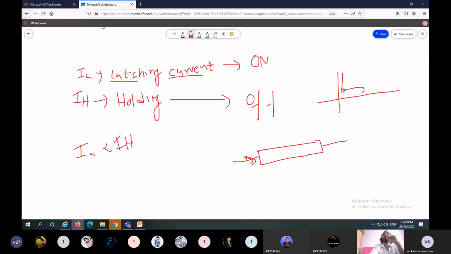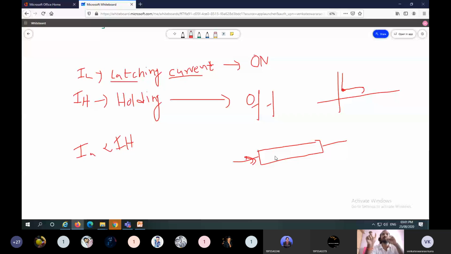So it is the minimum amount of anode current at which the device turns on when the gate signal is removed. Coming to holding current, it is the minimum amount of anode current below which the device turns off. If the anode current is decreased below holding current, the device will be in turn off state.